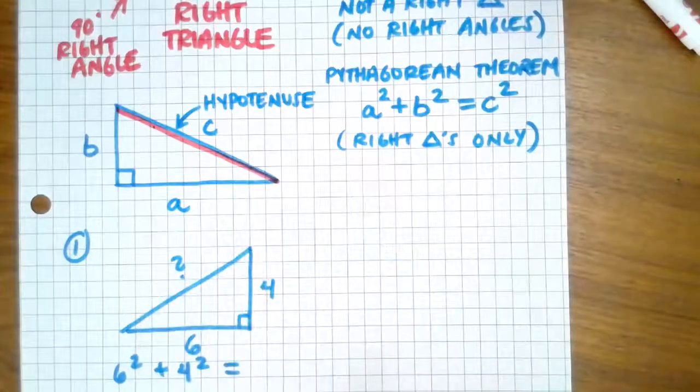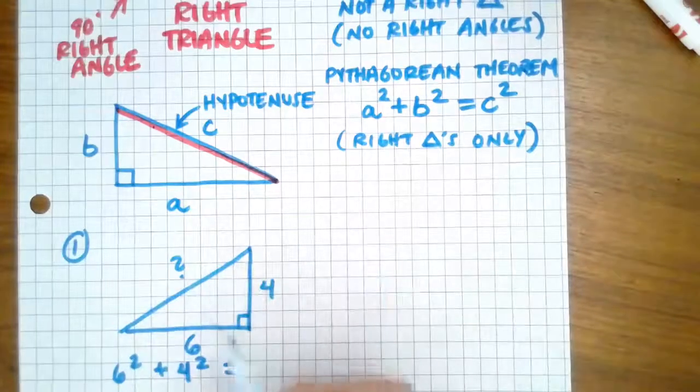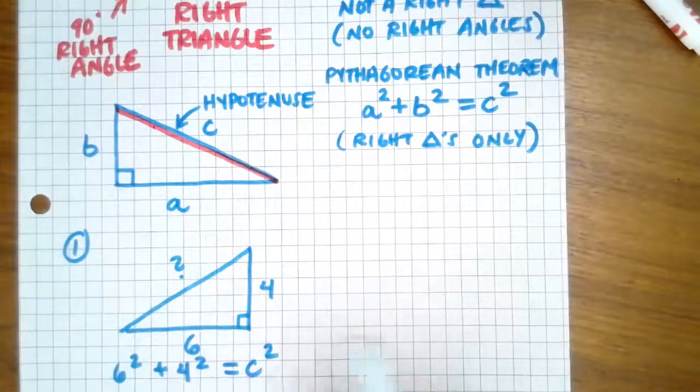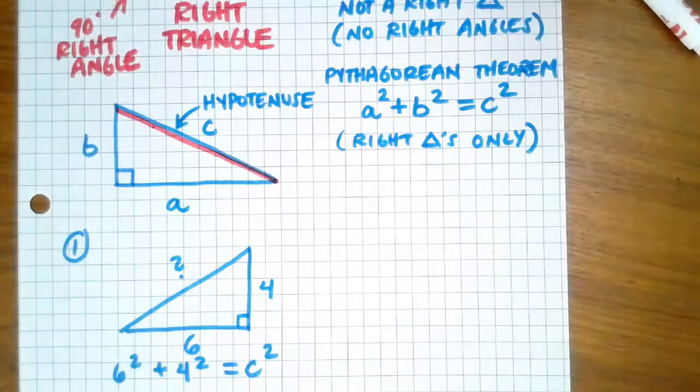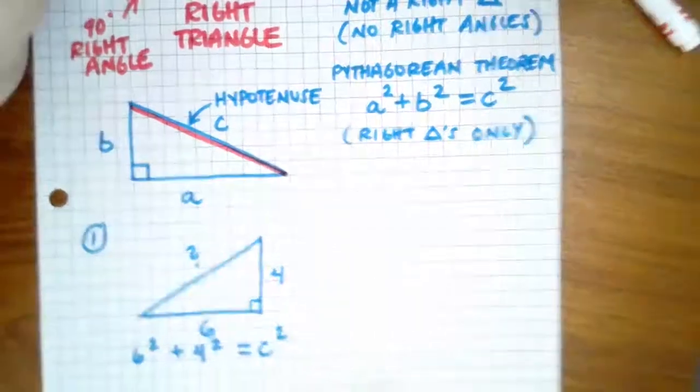So for now, I'm just going to use the variable c to represent this long side. And I'm trying to figure out the value of c. What's this long length here? So we can do the math.